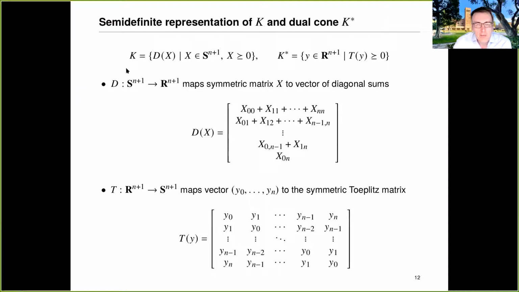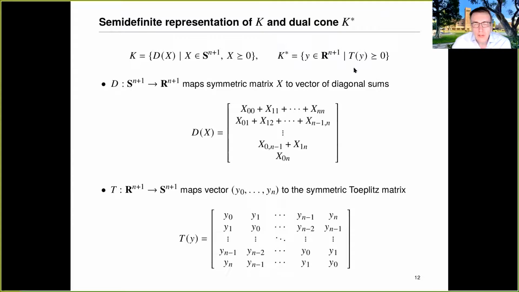So the same cone can be written as the image of the positive semi-definite cone under this linear mapping D, where we map a symmetric matrix of order n plus 1 to a vector by taking the trace of the matrix as the first component, then the sum of the elements on the first diagonal, the second diagonal, and so on. So that's an exact semi-definite representation of the same cone of non-negative trigonometric polynomials.